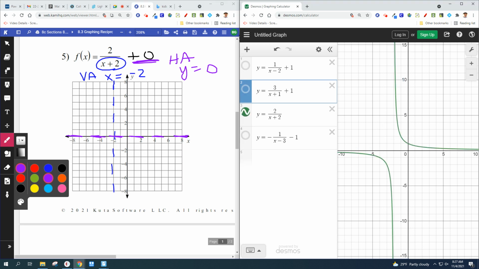So right there, is that pretty much the same exact picture? Let's find some points. Here's a point at (0, 1). So can anybody use symmetry to find a different point?